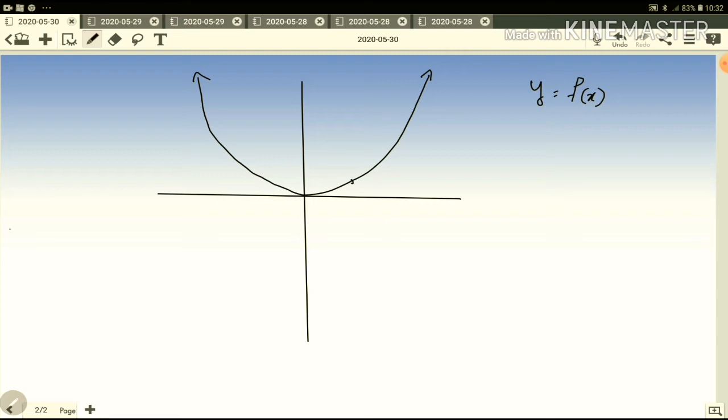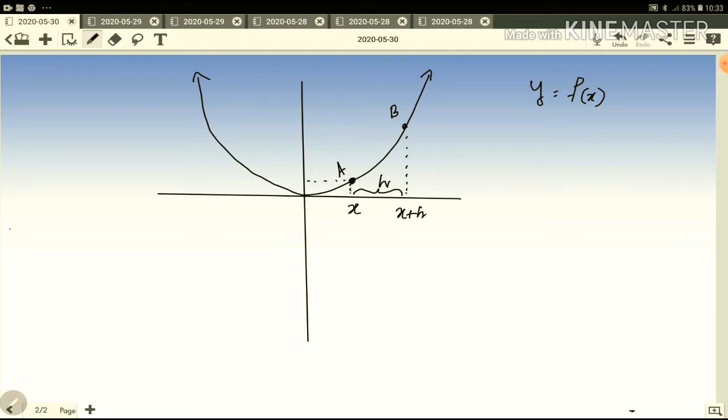Point A here, and point B here. The x value of A is x itself, and x value of B is x plus h. That is h unit away from x. That is the distance between these 2 points is h, right?